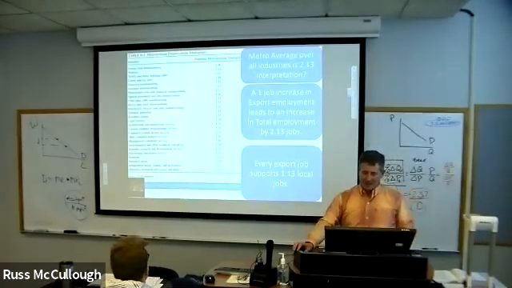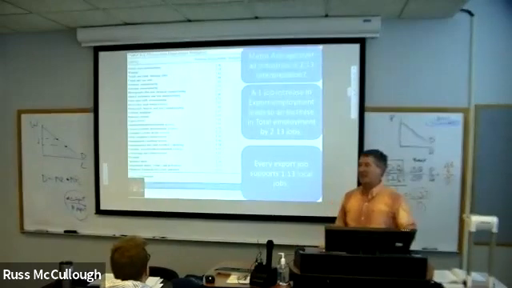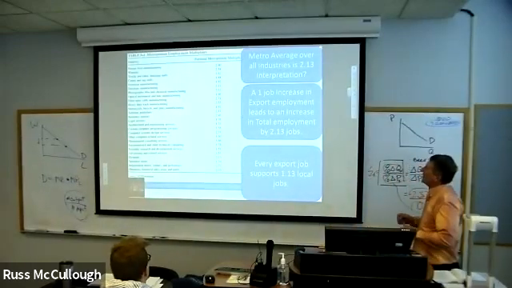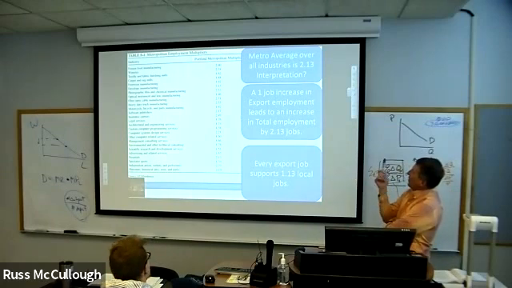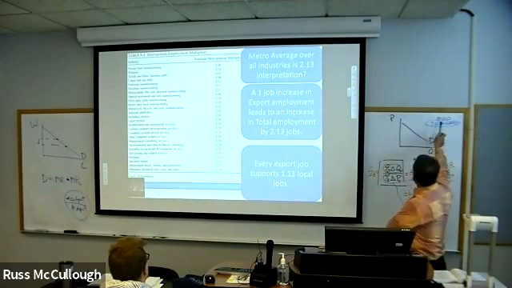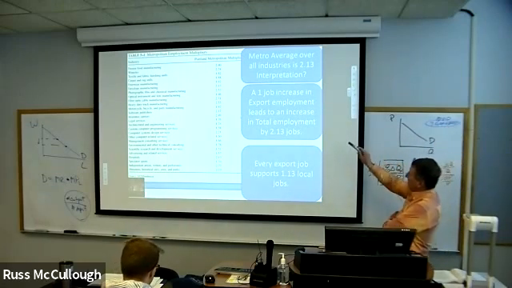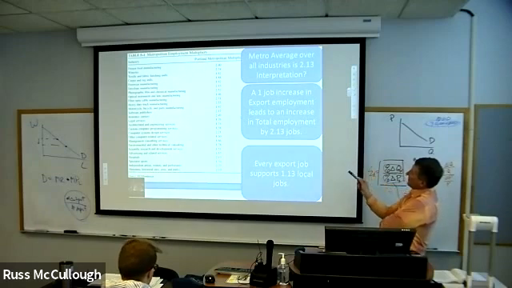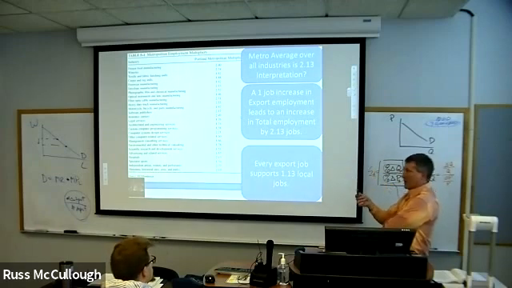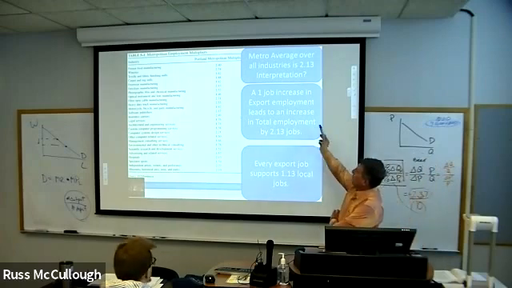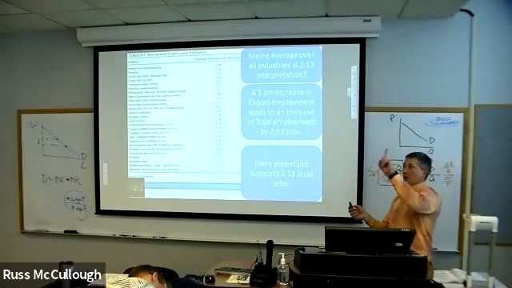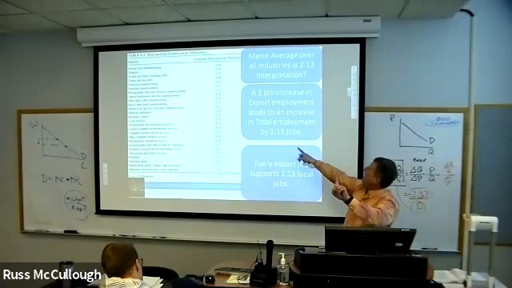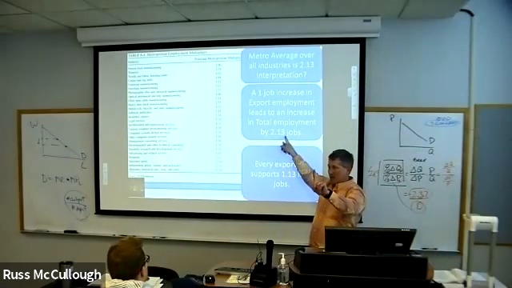So those 57 jobs are going to lead to potentially even more. Oops, I wanted you guys to do that. Okay, too bad, I guess I'm giving you the answers. So 2.13: a 1 job increase in export employment means total employment goes up to 2.13. So we're bringing in 1 job, but it's adding another 1.13 jobs.